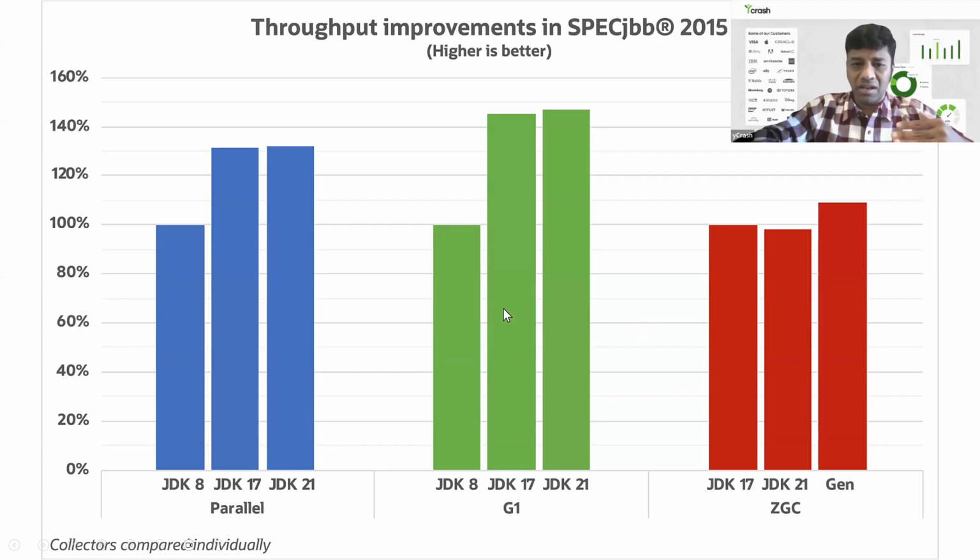You can see it's 100%, then 142% and 145%, right? For their SPECjbb, this is the throughput, and ZGC does not have that great throughput when compared to the other algorithms.